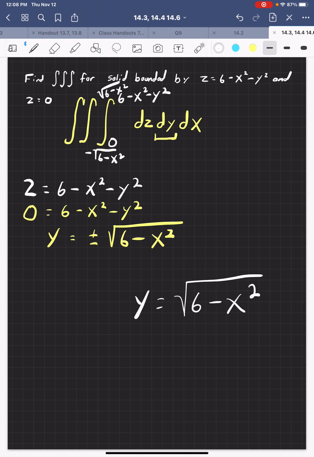And let's think about the domain for that radical, right? So as long as we want to stay in the real number system, right? We don't want to travel outside the real number system into complex numbers. So given that, let's go ahead and look at the domain.